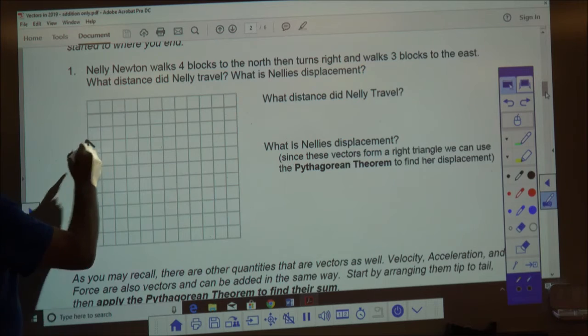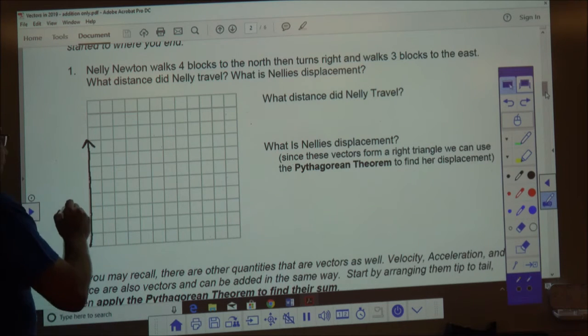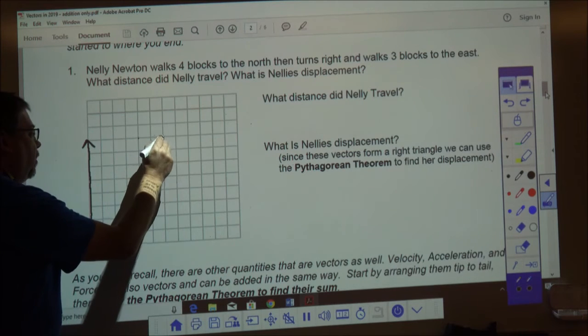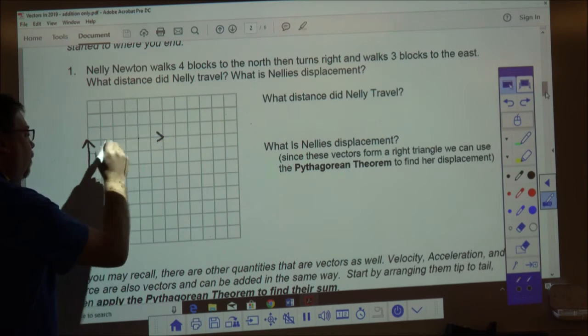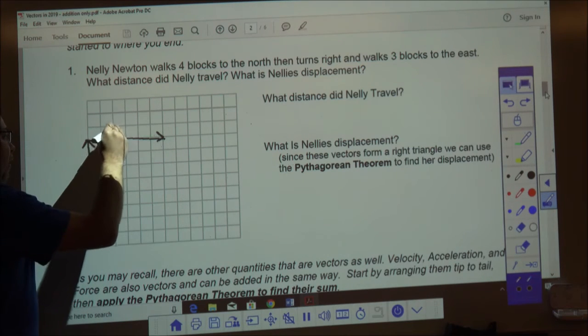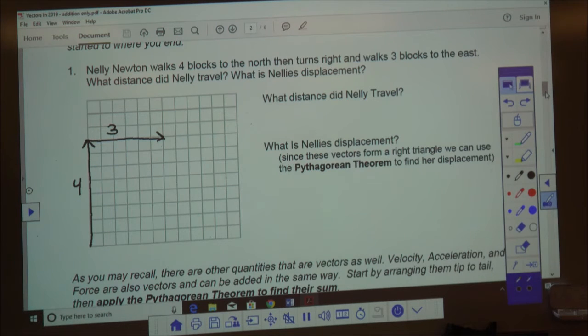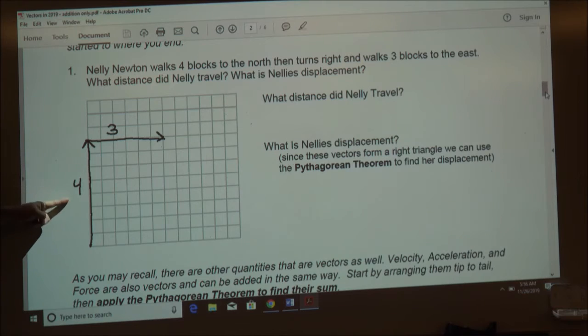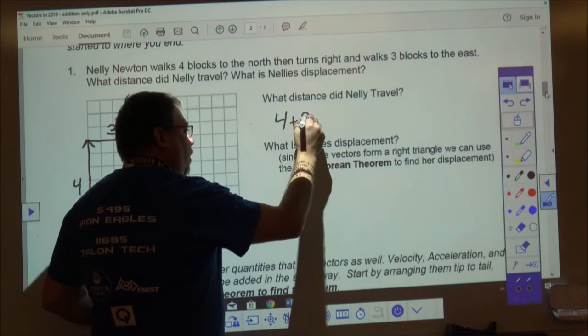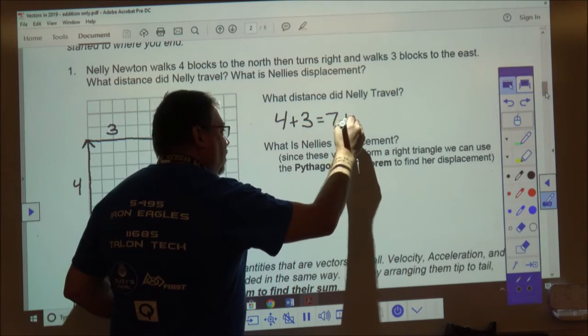There's my 4 blocks north, and then Nellie Newton's going to go 3 blocks east: 1, 2, 3. There's my second vector. So what distance did Nellie travel? Well, that's a scalar. The distance that Nellie traveled was just 4 blocks plus 3 blocks equals 7 blocks.